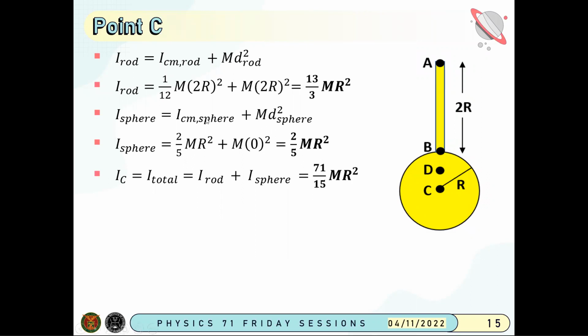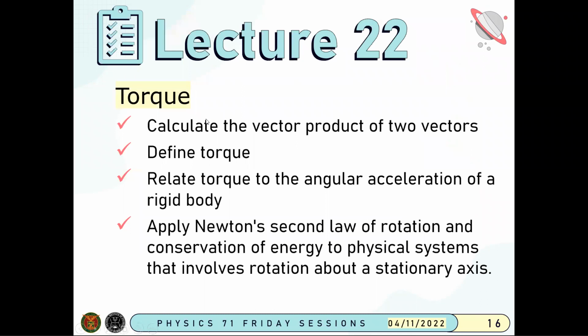Okay. Now let's move on to torque. So here, we aim to calculate the vector product of two vectors to define torque and then relate the torque with the angular acceleration of the rigid body and apply some Newton's second law of rotation and conservation of energy. Okay.